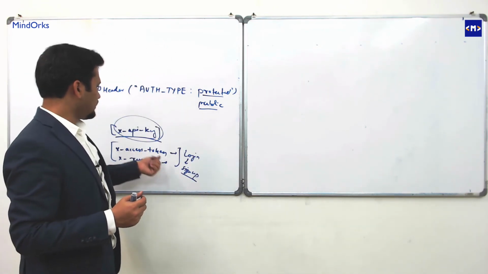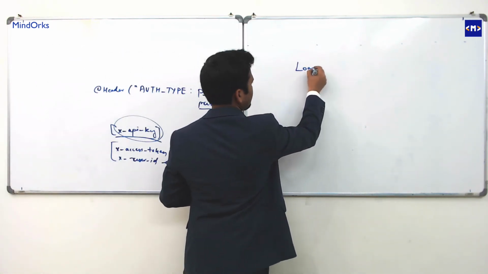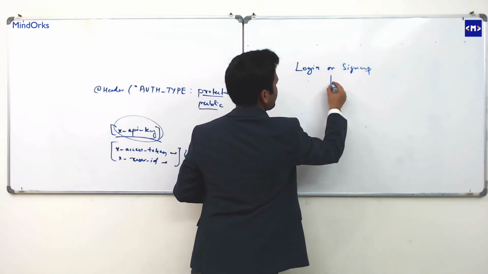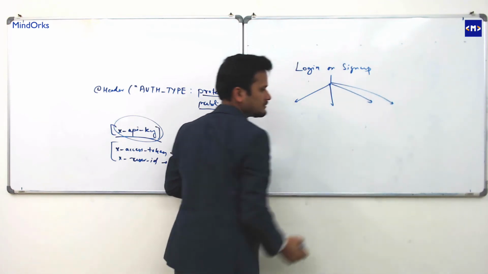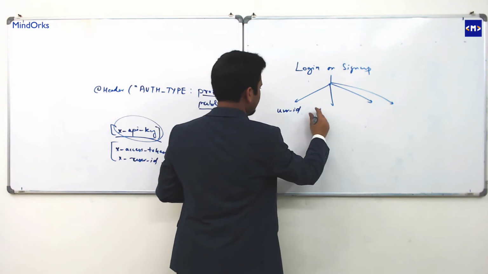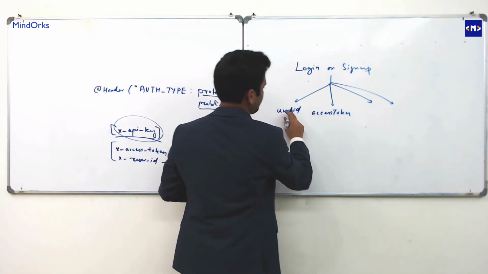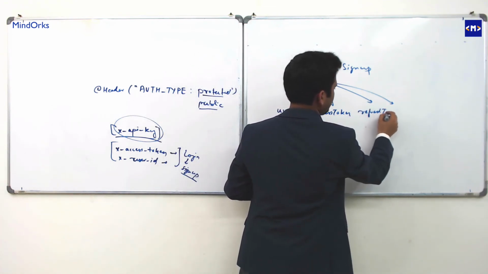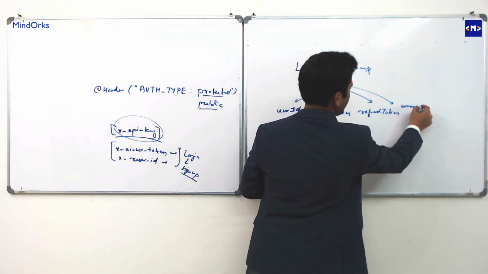Now when you log in or sign up, you receive three things, in fact four things. One is the user ID, another is the access token, and the refresh token, and other user information like username, etc.